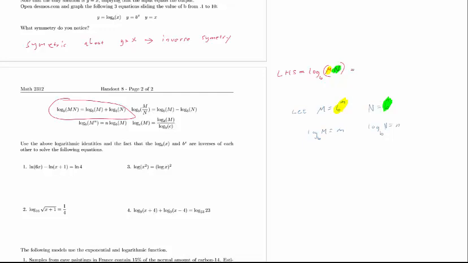So this equals log base b of b raised to the little m multiplied by b raised to the little n. All we've done is we've just substituted in those two guys that we did. All right, next one.